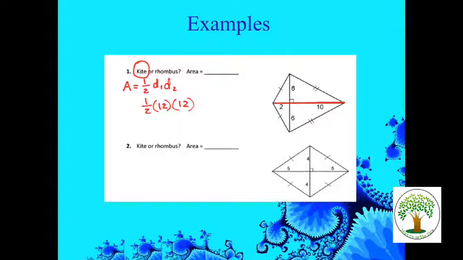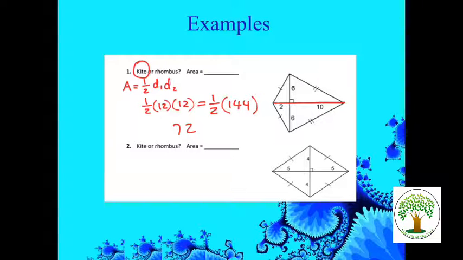What is 12 times 12? 144. So you can have half of 144. Half of 14 is 7, and half of 4 is 2. So we got 72.